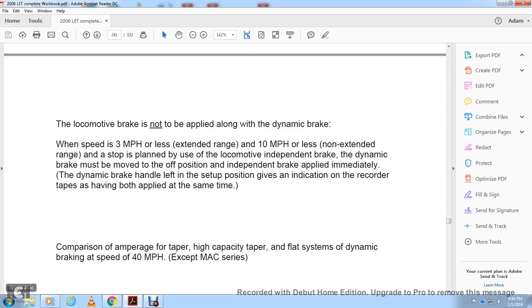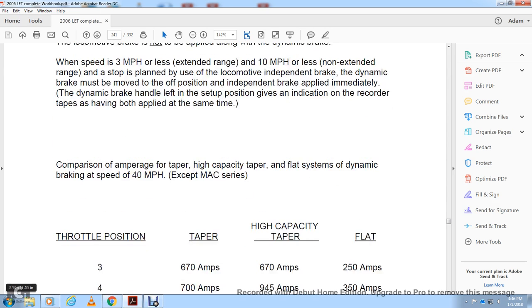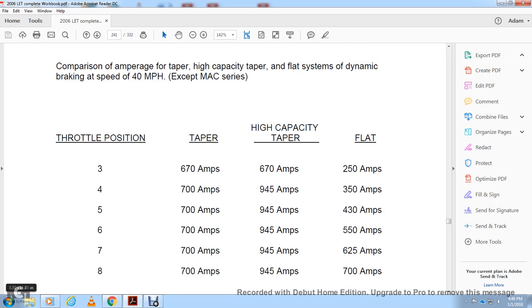the same time. Comparison of the amperage of the taper and the high capacity taper of the flat system with the dynamic braking at speeds of 40 miles an hour, except the Max series. Throttle 3 is 670 amps, taper 360 amps, high capacity taper 250 amps flat. Throttle 4 is 700 amps, taper 945 amperes, high capacity 350 flat.